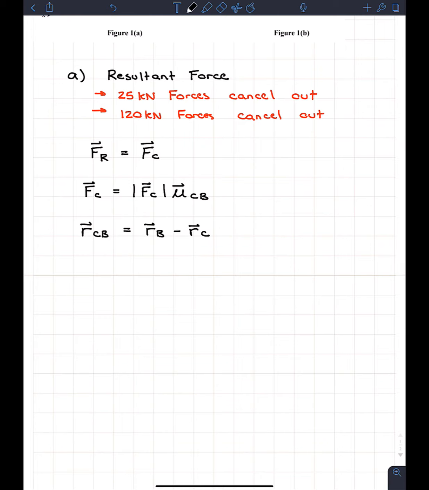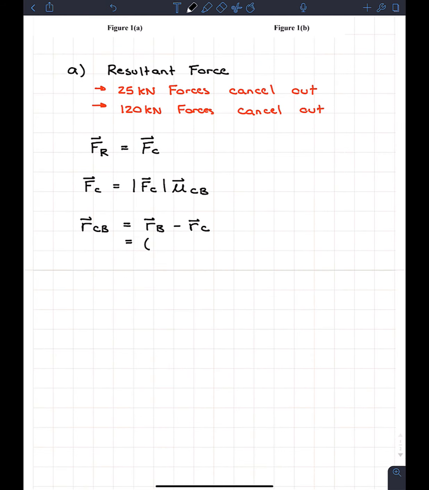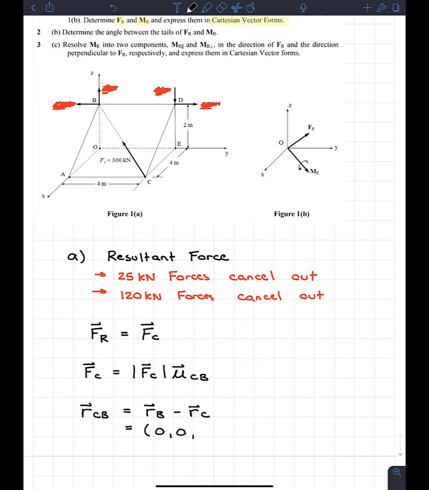Okay, now we just have to find those coordinate points. If we look at RB, we see B is right above the origin, so its x and y are going to be 0 and 0. And its z component is 2 meters above the origin.